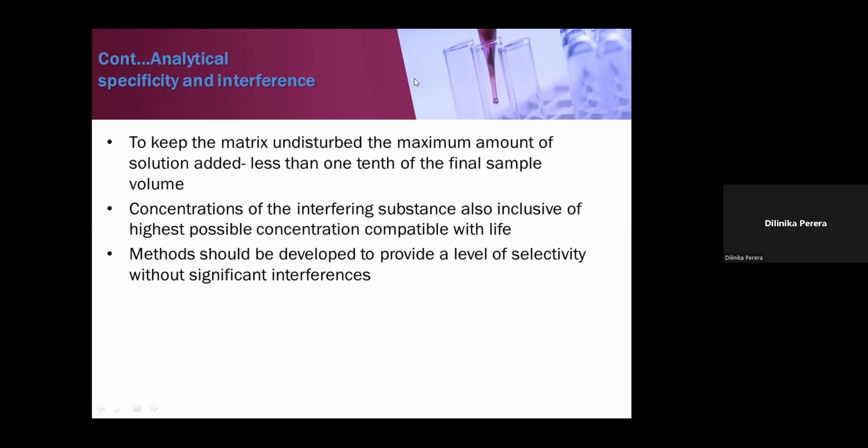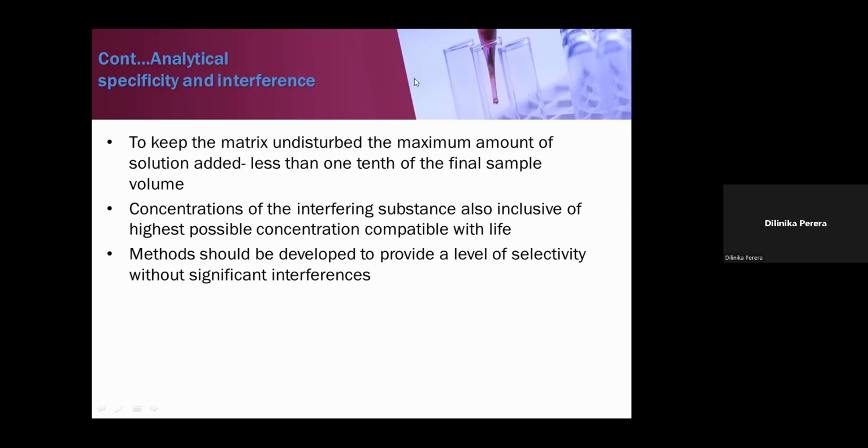The important thing is to keep the matrix undisturbed, so the amount of solution added has to be less than 1/10 of the sample volume.